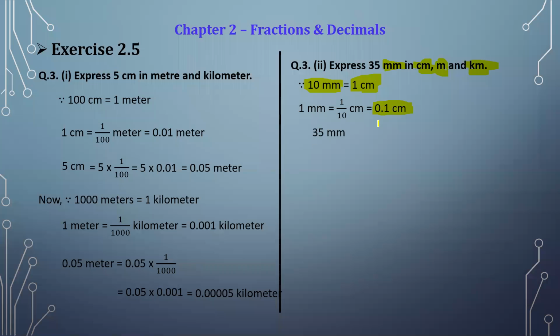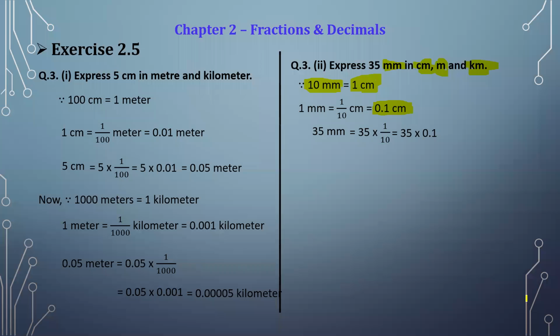Now take the example 35 millimeter, which is to be converted into centimeter. So multiply it by 1 upon 10, or you can also multiply it by 0.1. You can multiply it by either 1 upon 10 or 0.1.